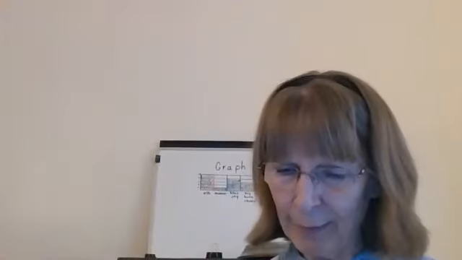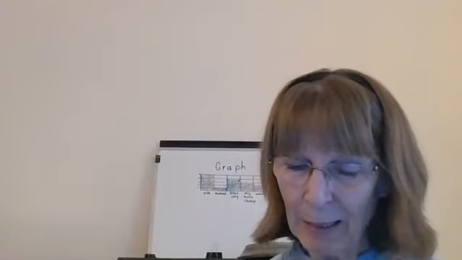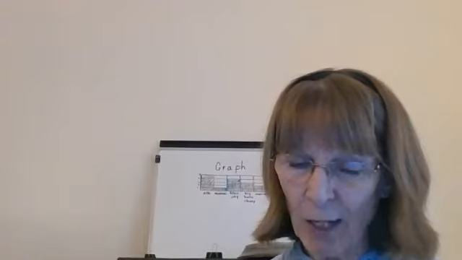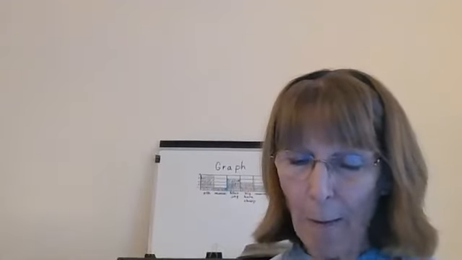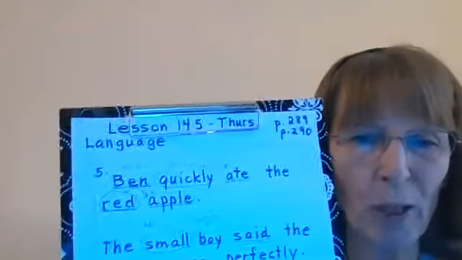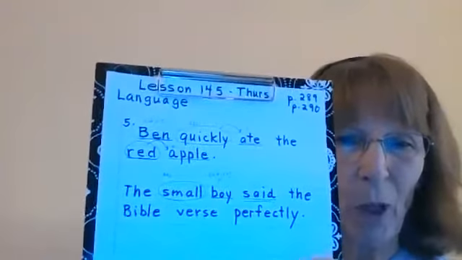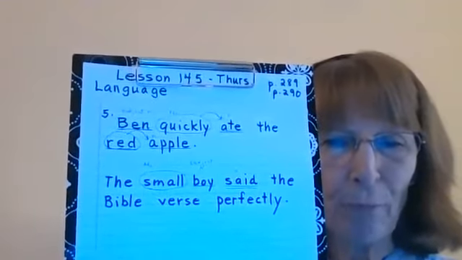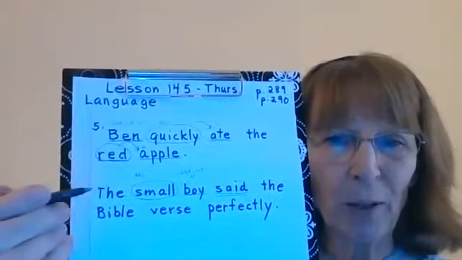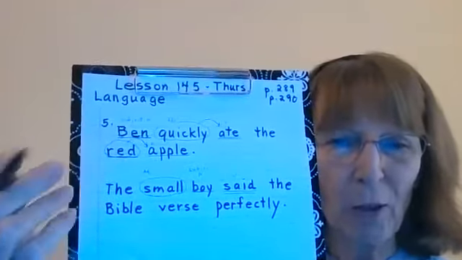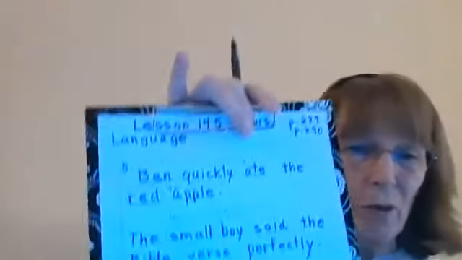Stop and think. And I'm going to write ADJ. You don't have to do that, but I'm doing it just to make sure that you see what I'm talking about. Do we need to draw an arrow like we did over here? Let's do that. Let's draw an arrow from small to boy.